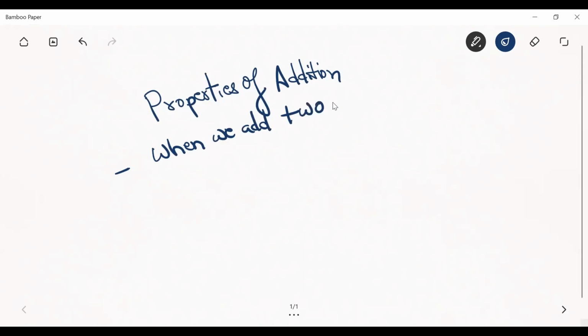See, properties of addition are like this: when we add two numbers, what happens?